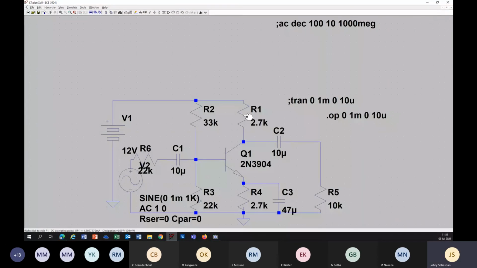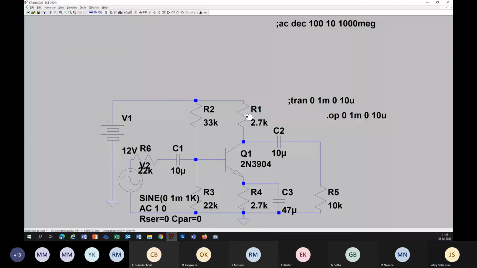Can you see it? Yes, sir. It is saying right click to edit R1. Okay, we don't need it. DC operating point, IR1 equals 1.5027 milliampere. And it also says dissipation, that is power dissipated in that.